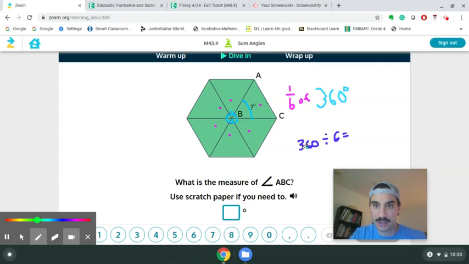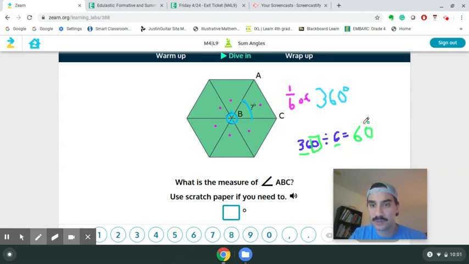So I can take my 360 and just do 36 divided by 6. 36 divided by 6 is 6. Nice work. And then we have a 0 on the end of our front number. That means we plug a 0 on the end of our front number, 360. So I plug that 0 right on the answer to my division problem.